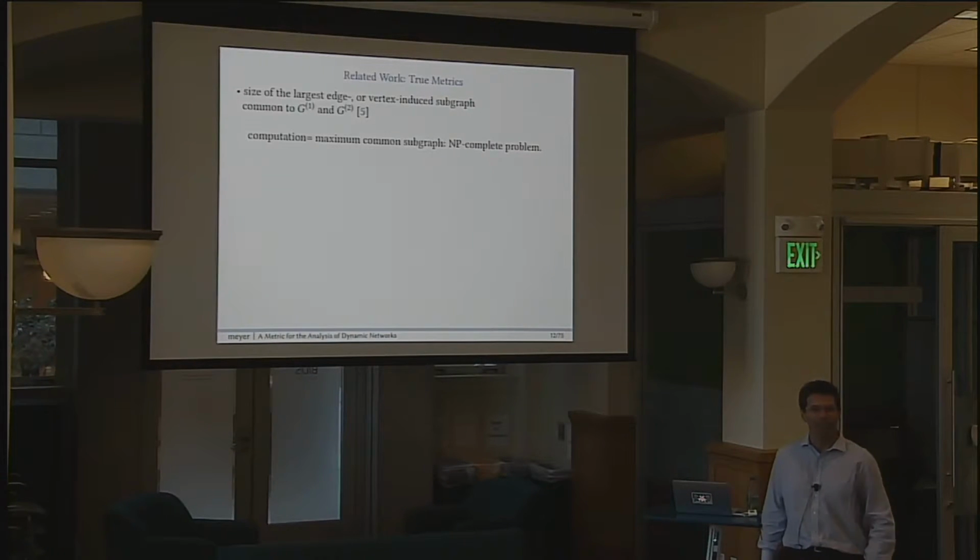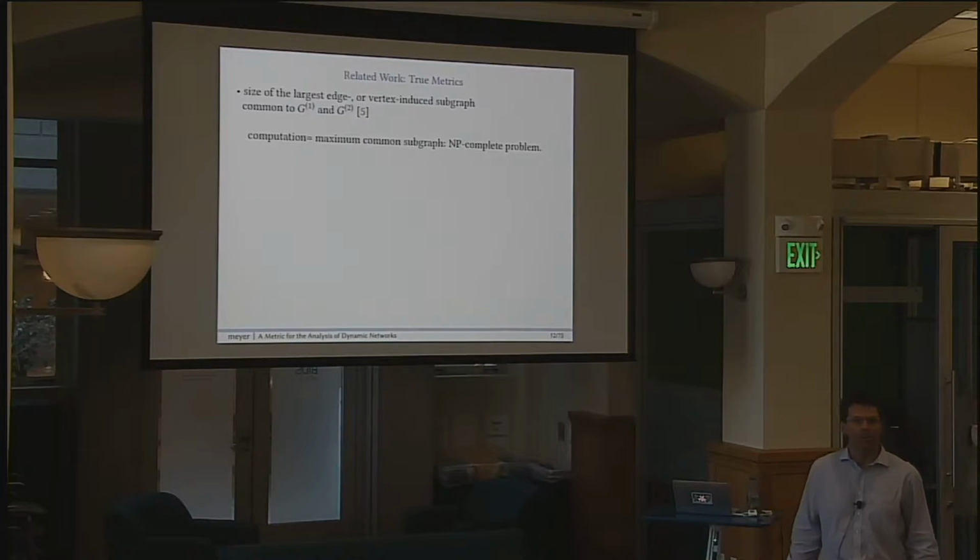Question? I see. Hi, a couple quick questions. First, you're kind of adhering to being a proper metric, in particular being symmetric. But there are lots of good measures of distance, such as the KL divergence, which is not symmetric, but is still very useful and well mathematically motivated. So why adhere to being a true metric?